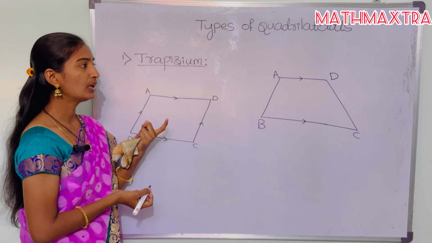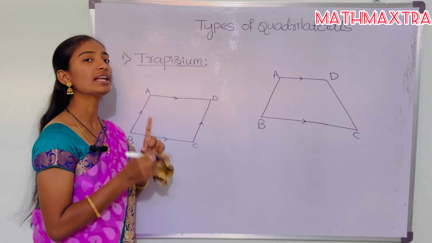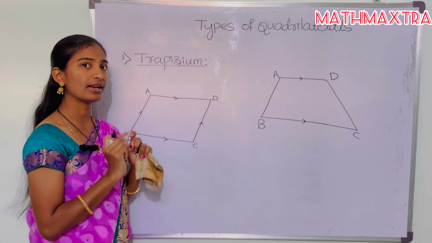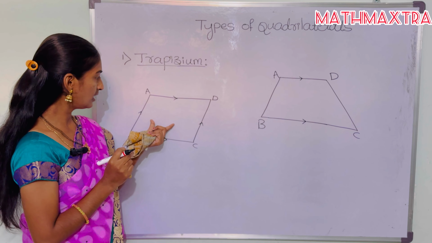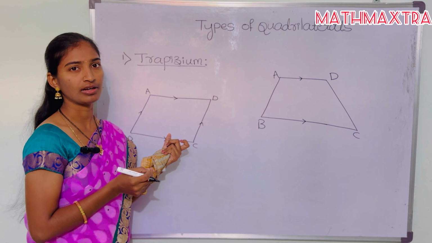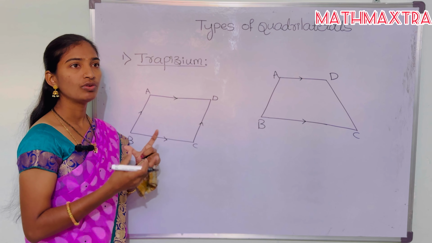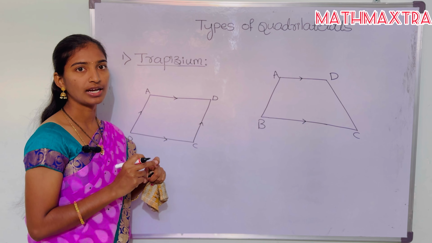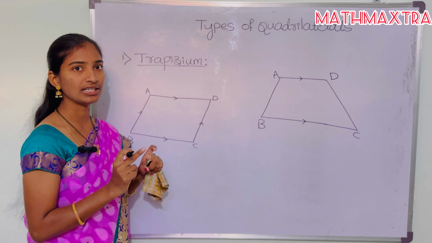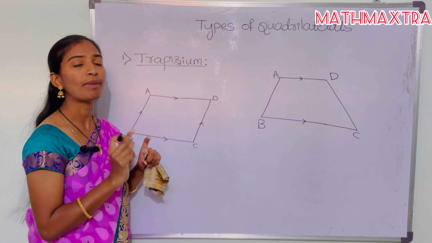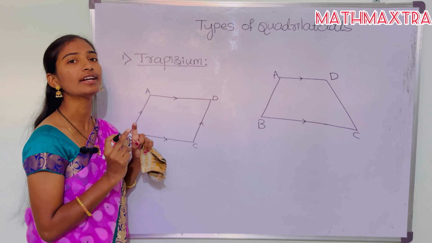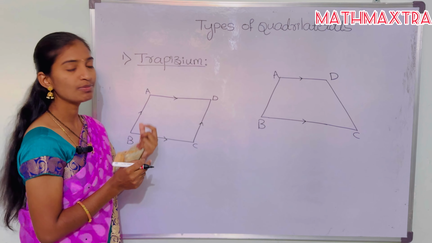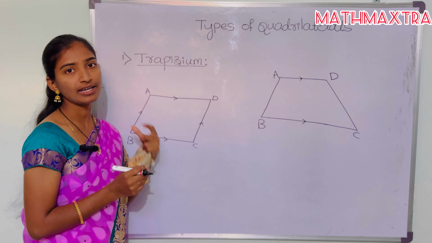Now we need only one condition, that at least one pair of opposite sides are parallel. But here both pairs of opposite sides are parallel, so no problem with that. We don't have any condition on the second pair of opposite sides. We have only one condition, that one pair of parallel sides is enough to show that it is a trapezium. So this parallelogram is nothing but a trapezium.